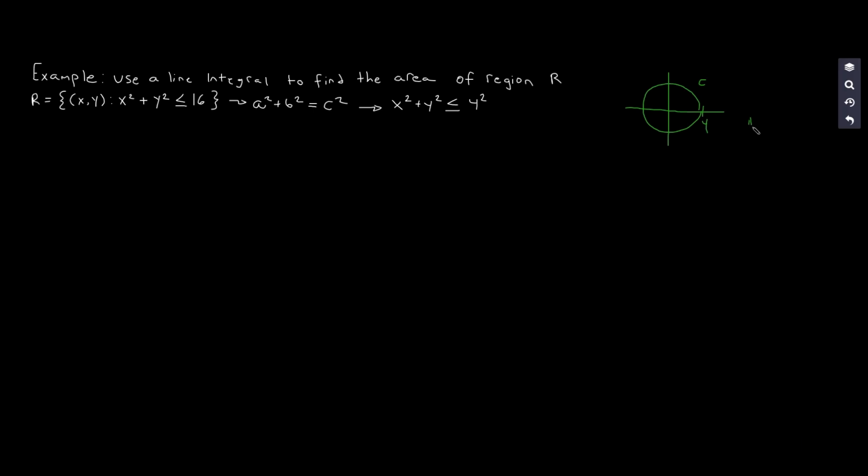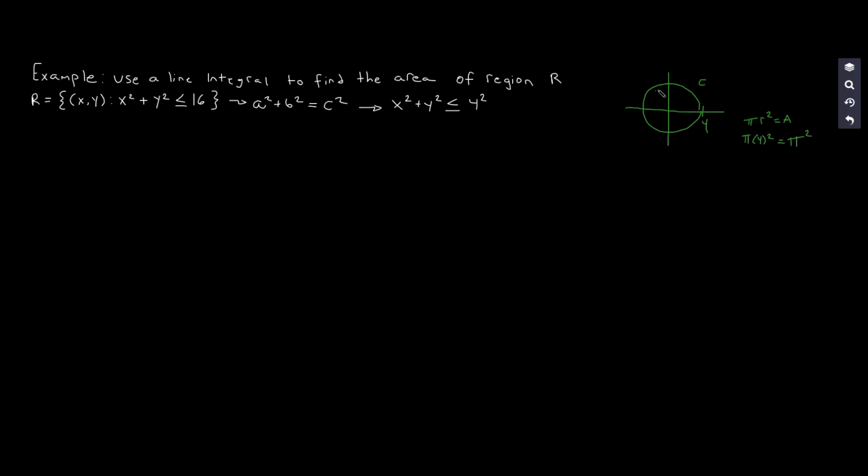Now, pi times r squared is going to give us the area of that. That is pi times r squared, 4 squared equals 16 pi.